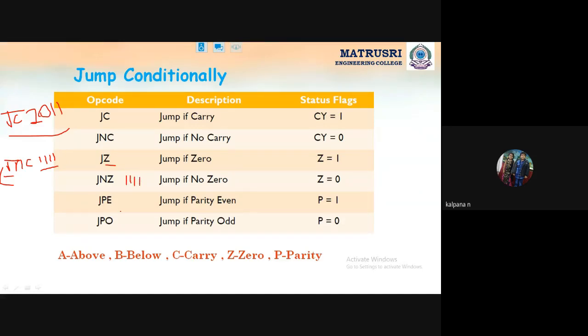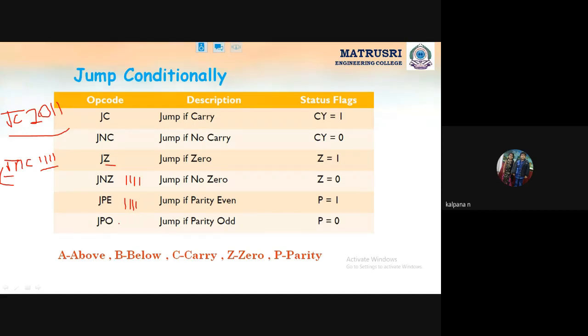Now JPE. This is related to the parity flag. If the parity flag is even, meaning the result has an even number of ones, then JPE will jump to 4111, our operand memory location.